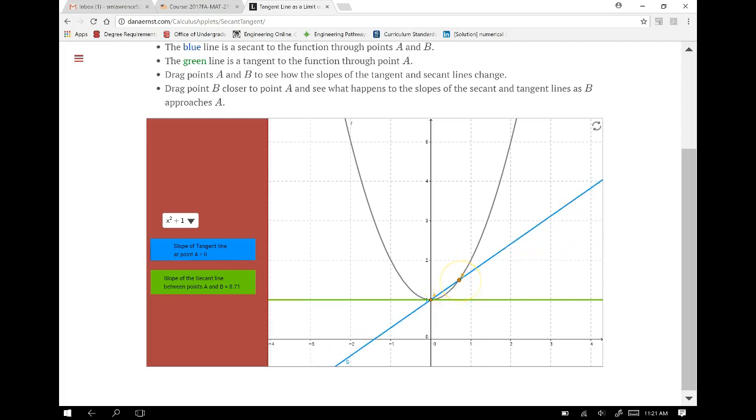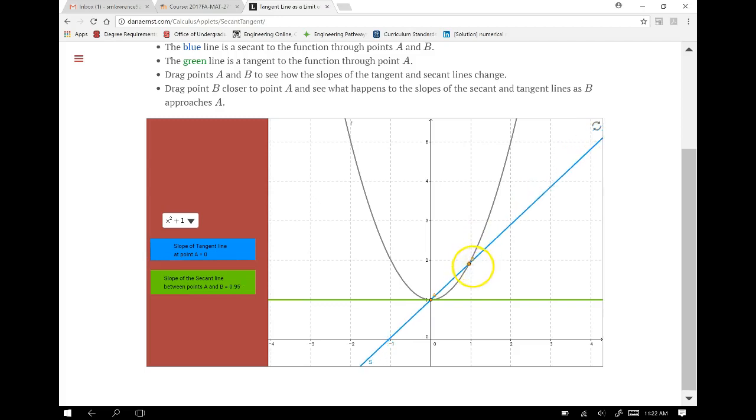And we can actually work out all the calculations for this because we know the function. This is the graph of f of x equals x squared plus 1. We can identify the point where we want the tangent slope. Where I have it set up right now, we want the tangent slope at x equals 0. So that would be the point (0, 1). So what we need is a second point, which is our B point.